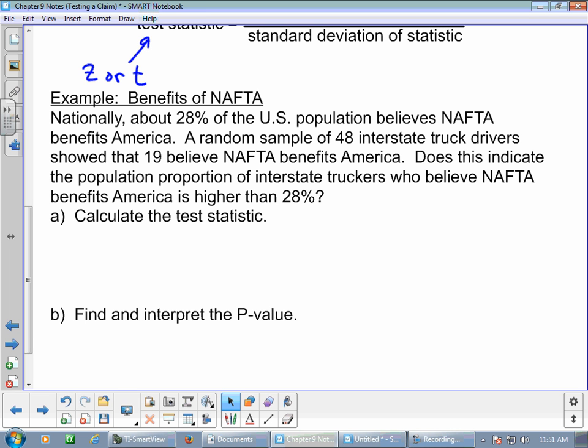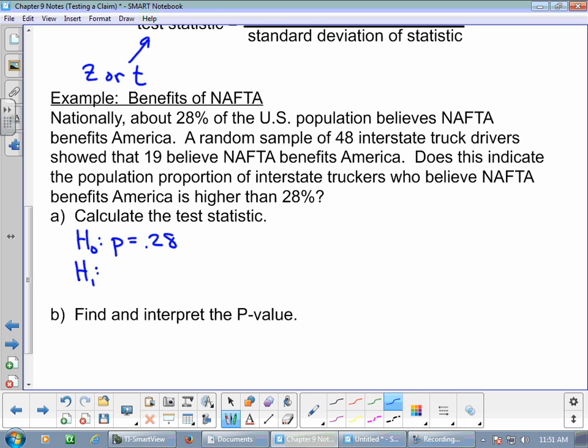Now, we're just going to get to the nitty-gritty here, so we're not going to check our conditions at this point. I do want to point out the null and the alternative, though, because that's important here. I mean, the conditions are as well, but trust me, the conditions are met. What's the null and the alternative? Okay, p equals 0.28.